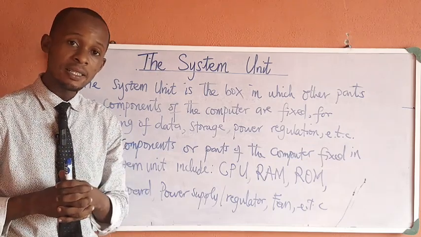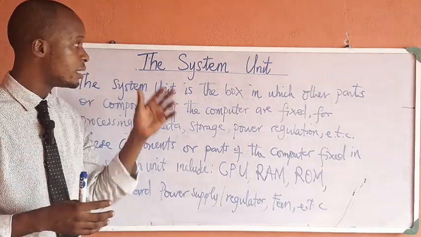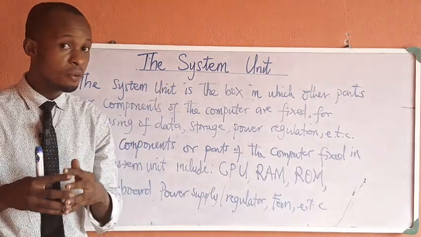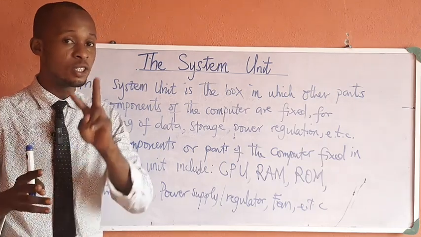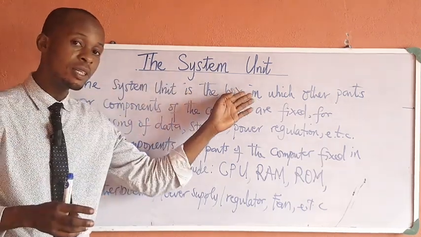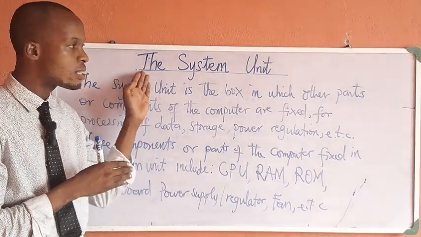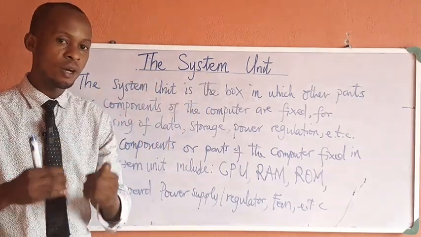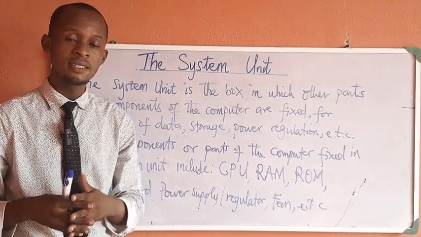In our next class, we are going to be considering the other part of the computer hardware. Don't forget, computer hardware components are subdivided into two: the system unit and the peripherals. Now that you understand what the system unit looks like, we are going to talk about the peripherals, and then from there we move forward in this series.